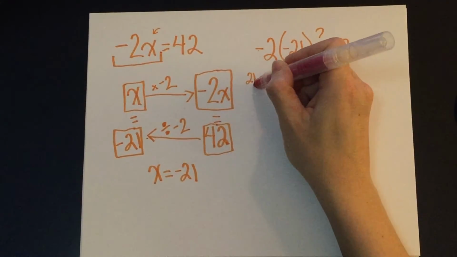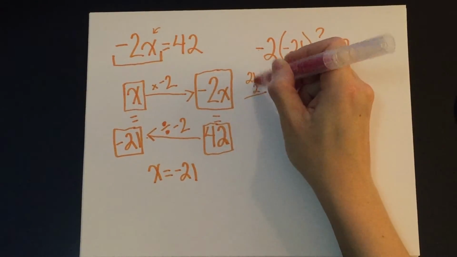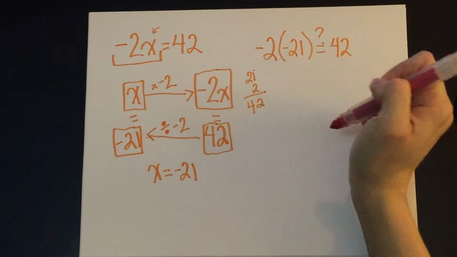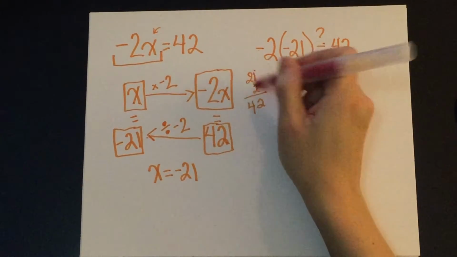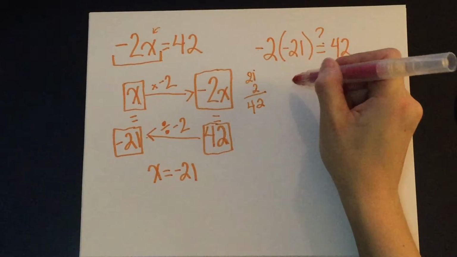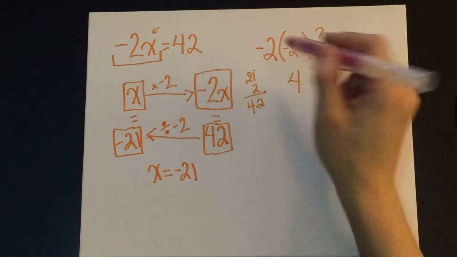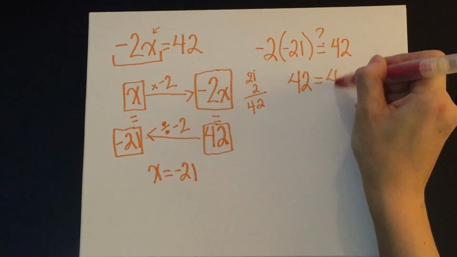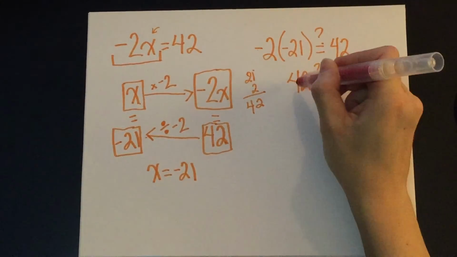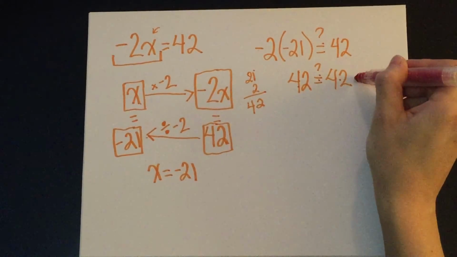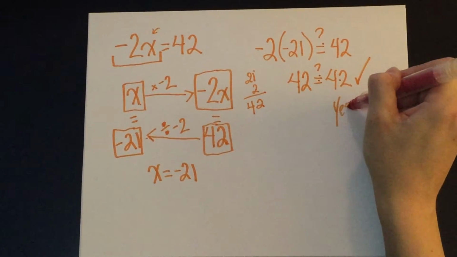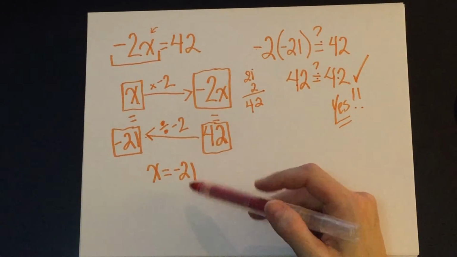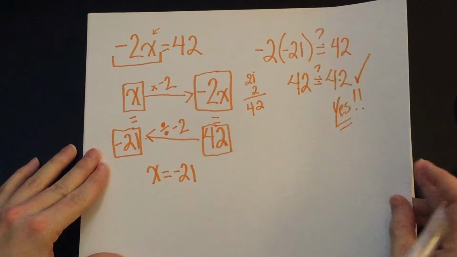So I'm just going to take 21 times 2. 2 times 1 is 2. 2 times 2 is 4. So negative 21 times negative 2 is 42. And is 42 equal to 42? Yes, it is. So our solution to this equation is x equals negative 21.